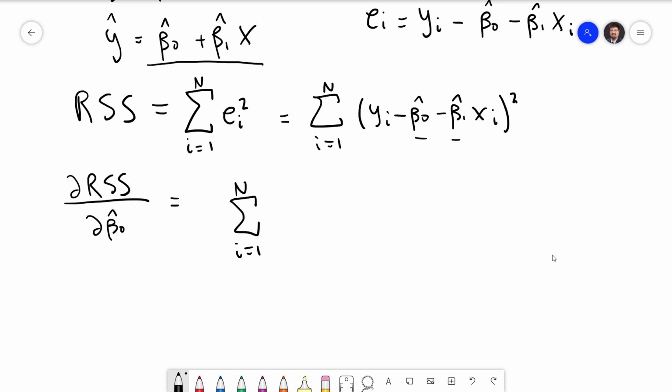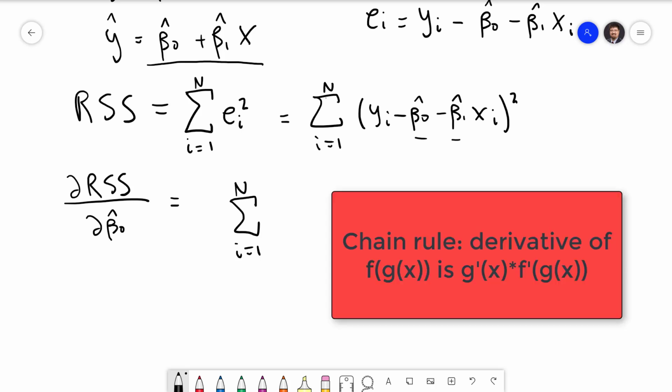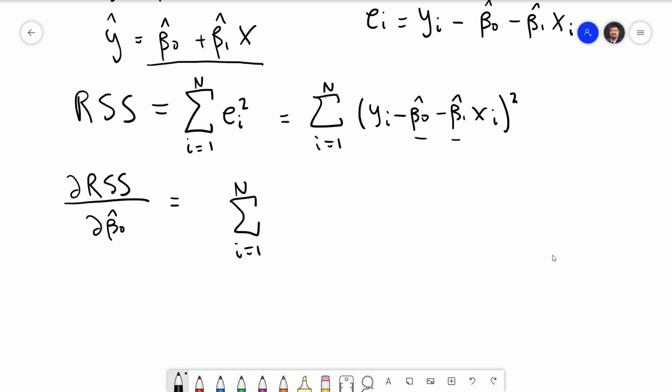The way that we're going to do this is with a calculus rule called the chain rule. This means that when we have a function inside of another function, that's the squared in this case, we just take the derivative of the inside. So the derivative of just this part with respect to beta naught hat is just negative 1. So we're just going to throw a negative sign out here. Then we essentially pretend that it's just an x inside the squared and take the derivative of that.